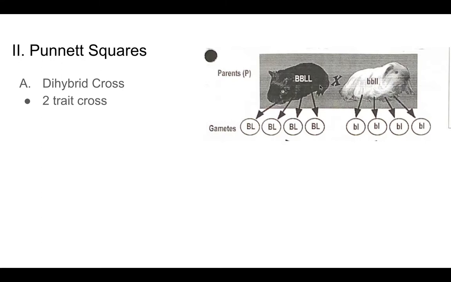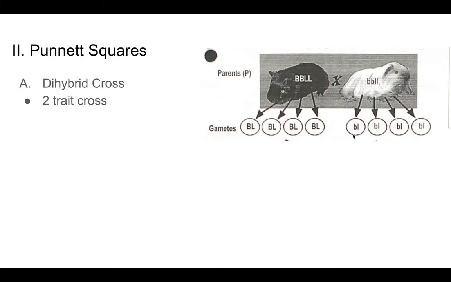To figure out what kind of gametes this guinea pig could create, we would take this big B. Some of his gametes are going to have this big B and this big L. Another one of his gametes is going to have this big B and this second L. Another one is going to have this second big B and an L. And the last gamete is going to have a big B and this second big L. So we've just distributed, we FOILed, to see that all of this guinea pig's gametes are going to look like this.